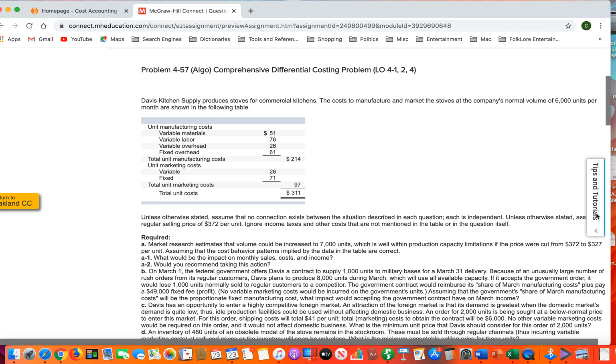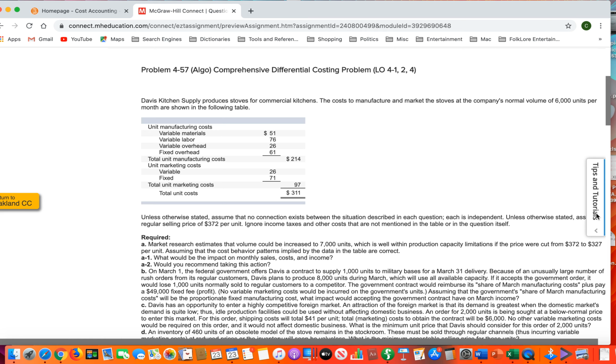And so, in fact, let's work that out together. I think I can do that fast enough for you. 51 plus 76 plus 26 plus the 41 that's in the writing here, $41 per unit. That gives you $194 per variable cost times 2,000. That's $388,000 plus the flat marketing cost of $6,000.